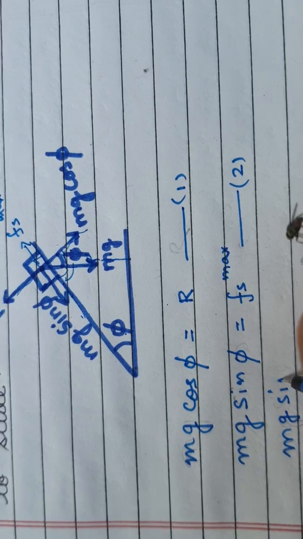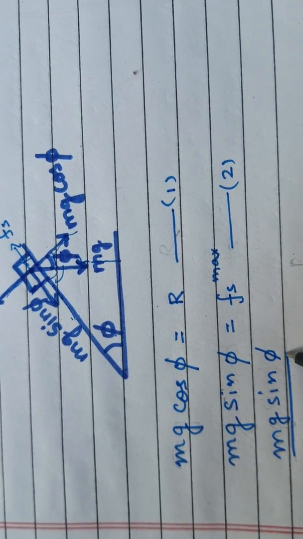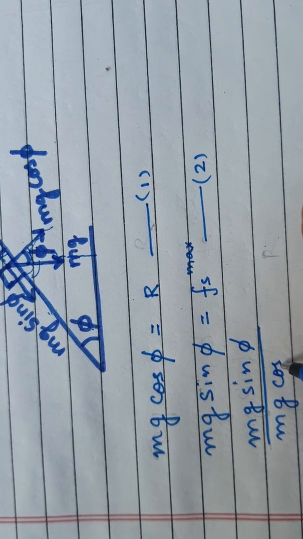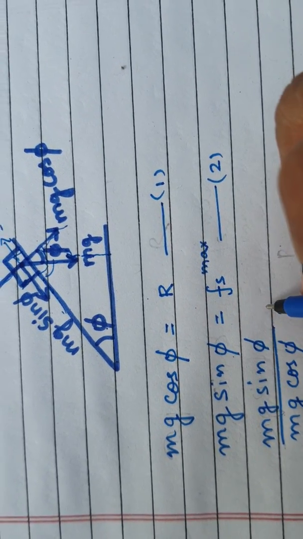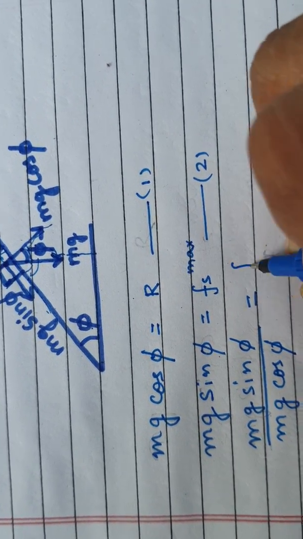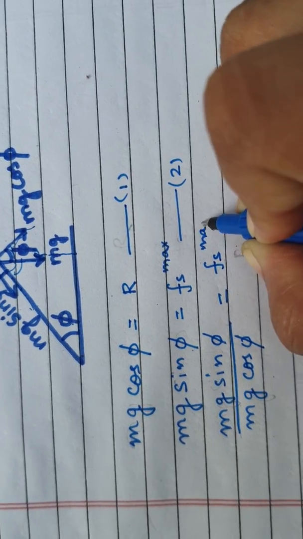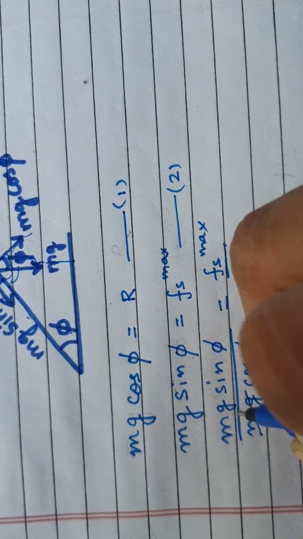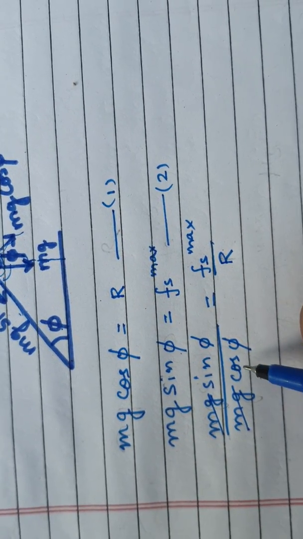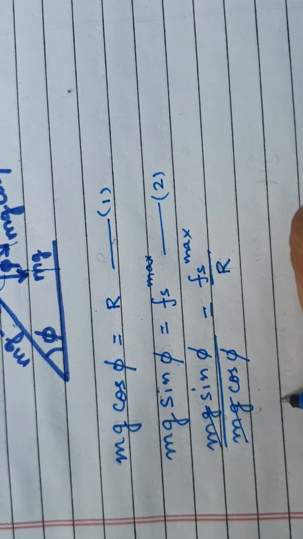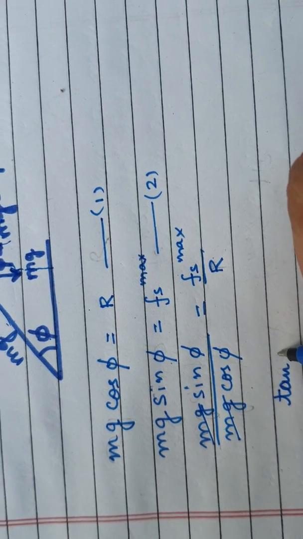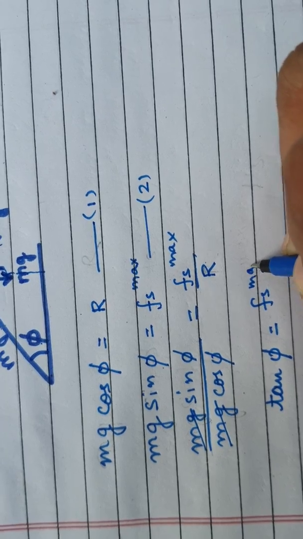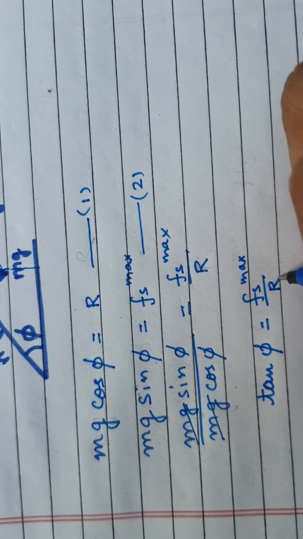Mg sin phi upon mg cos phi will be equal to Fs max upon R. Mg will cancel and sin phi upon cos phi is tan phi, so tan phi is equal to Fs max upon R.